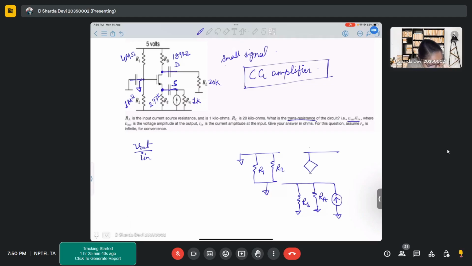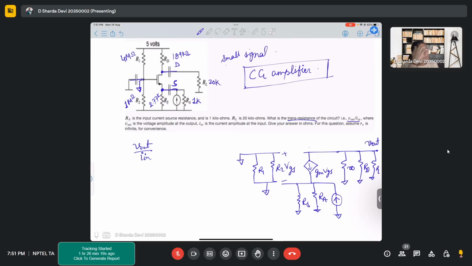Here you have gm VGS, plus and minus VGS, R naught, RD, RL. This is V naught.